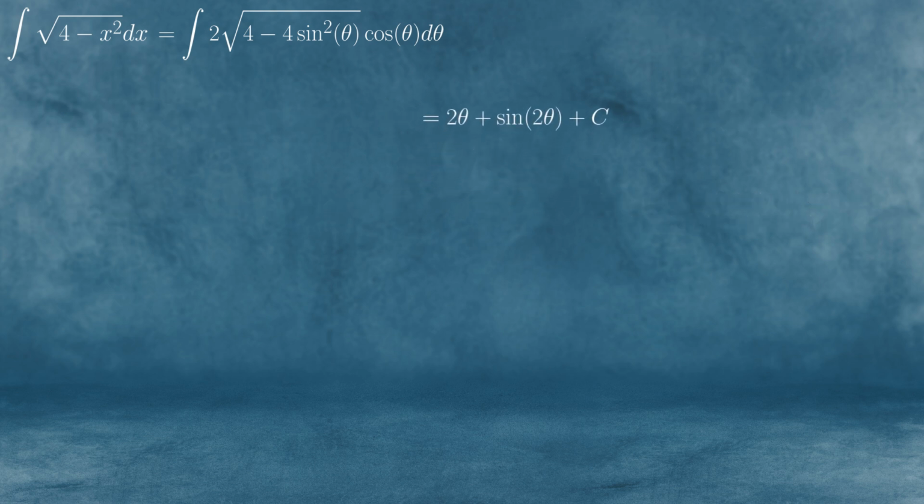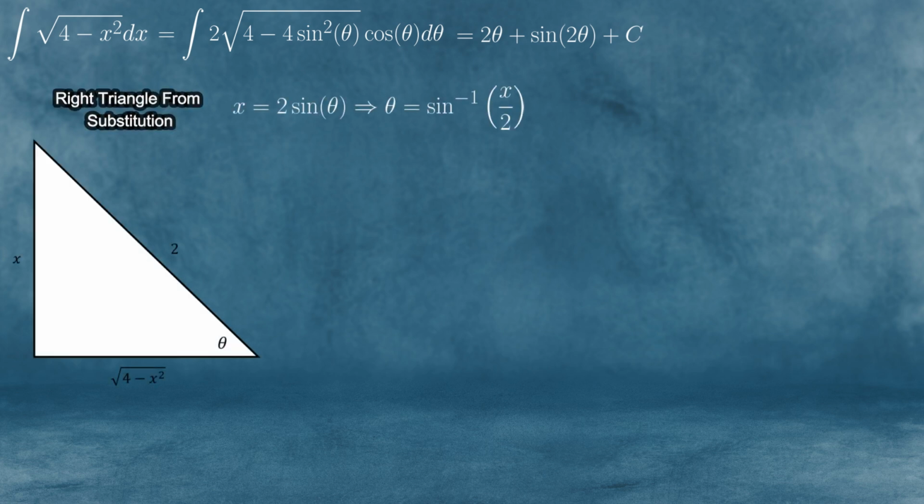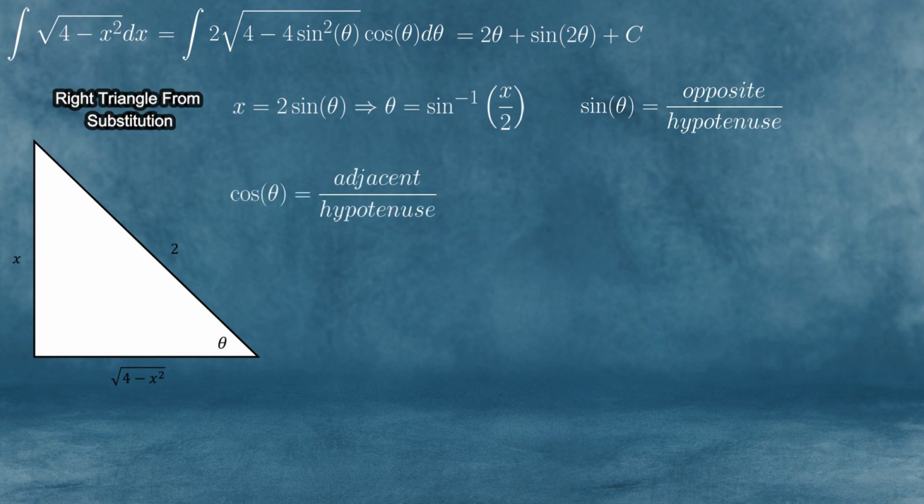Now, in order to be able to solve the original integral, we need to be able to solve it in terms of x. And for doing so, we need to consider the following right triangle. Remember that x is equal to 2 sine of theta. Thus, sine of theta is equal to x over 2.